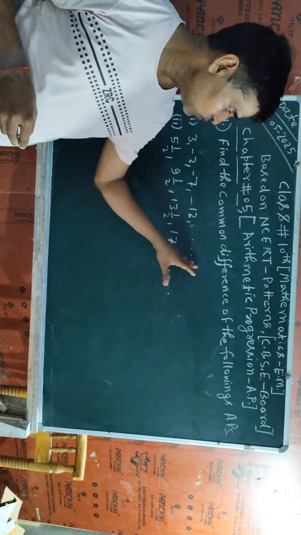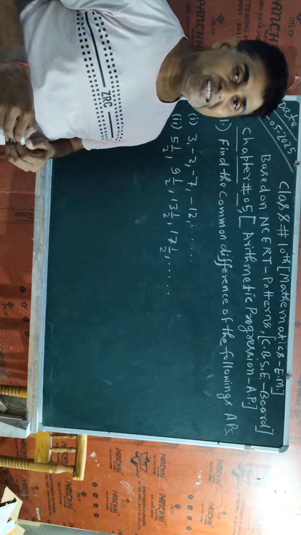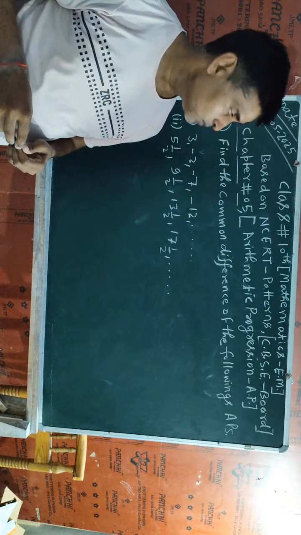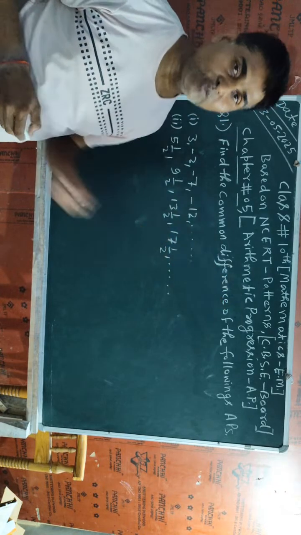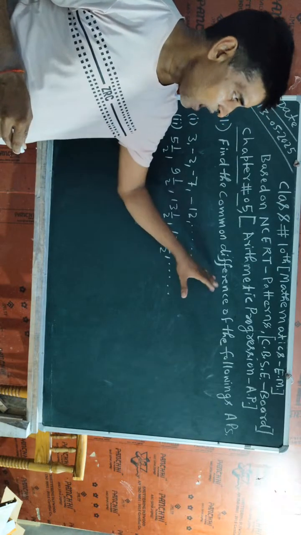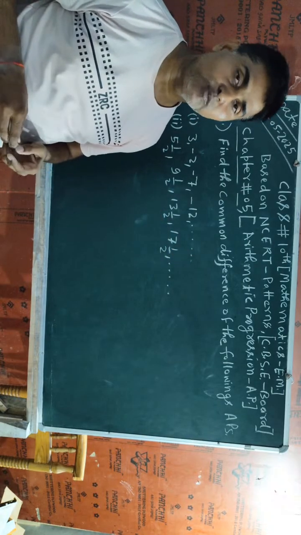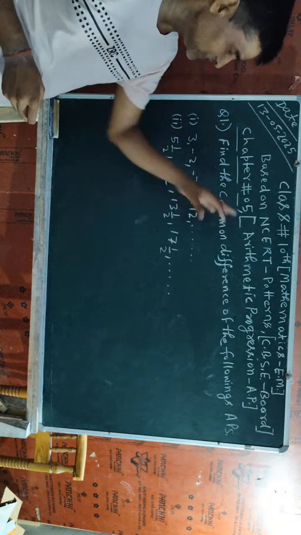But first of all, we have to explain this topic, arithmetic progression. I will explain each and every concept of the arithmetic progression and solve some questions based on it. After solving, I will also explain the concept of geometric progression and also harmonic progression. That is the next topic.